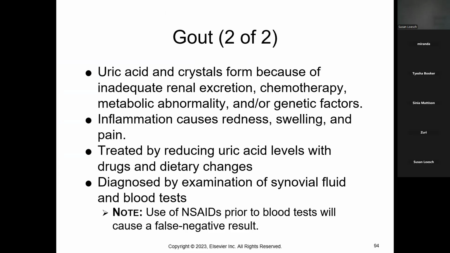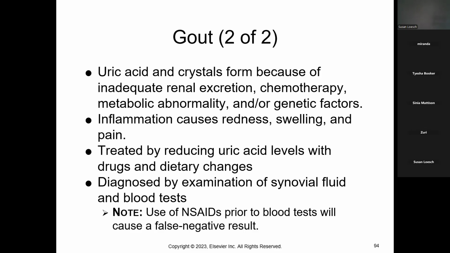So issues with gout: too much uric acid in the body made from the breakdown of the purines. Some of those purines come from foods that we eat, like beers, certain meats, seafood. So these are all things that they advise diabetics that have this.